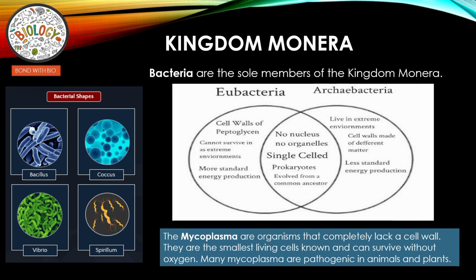In the case of archaebacteria, they mostly live in harsh habitats such as extremely salty areas, where the bacteria are called halophiles. In hot springs, they are called thermoacidophiles, and even in marshy areas, they are called methanogens.